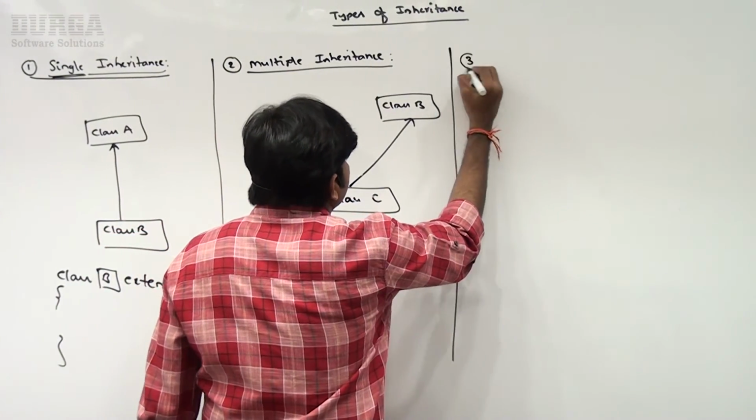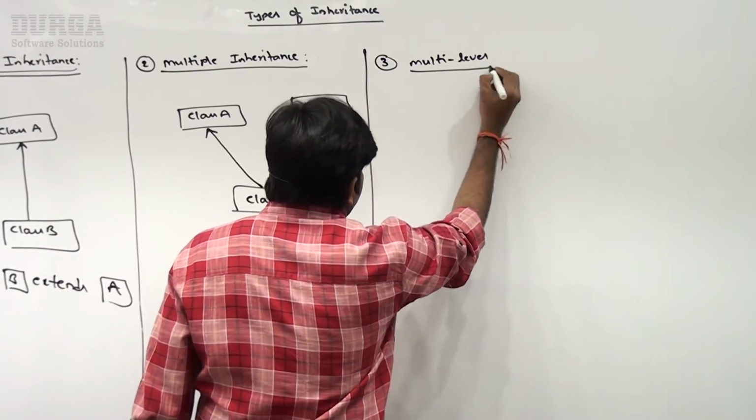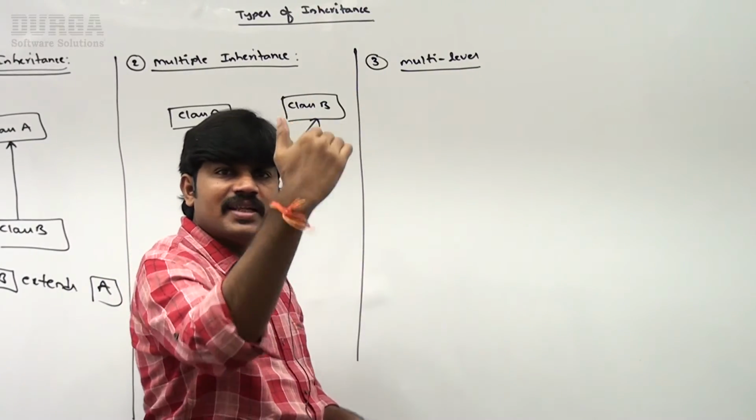Next, multi-level inheritance. What is the third one, sir? Observe that very carefully. What is the meaning of multi-level? Multiple levels.